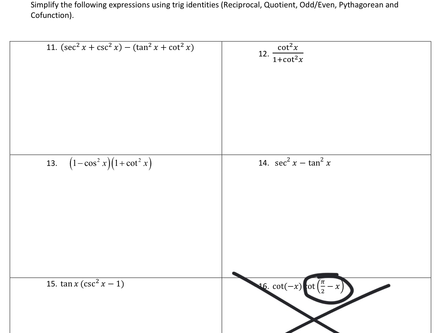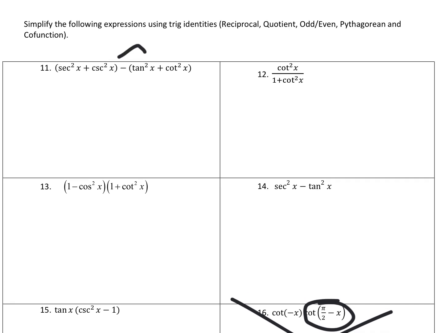I am going to help you just start number 11. If I were you, I would multiply this negative out, and then I would rewrite it. Then I would look for something on the sheet that involves secant and tangent, because obviously you have a secant and you have a tangent. There's also something on the sheet that involves cotangent and cosecant.